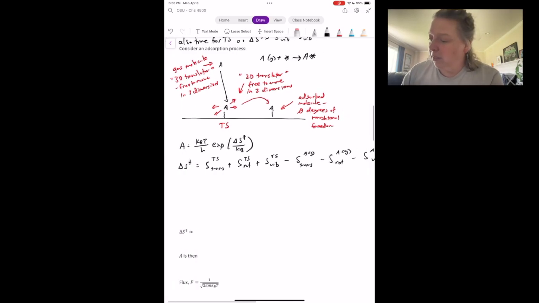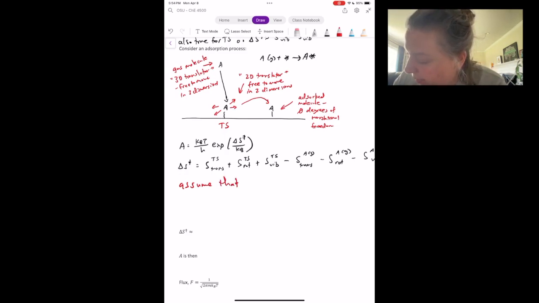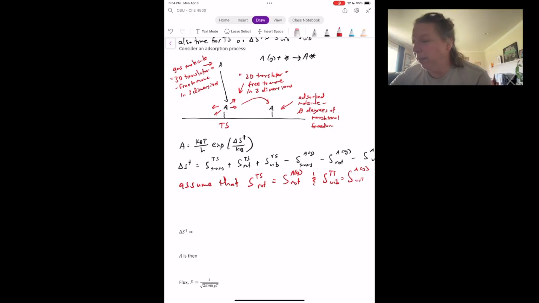I can now make the assumption that S_TS rot equals S of the gas phase molecule and S_TS vib equals S of the gas phase molecule. That's probably not exactly true, but it's probably a reasonable assumption.